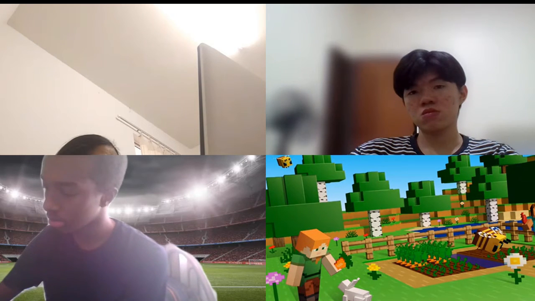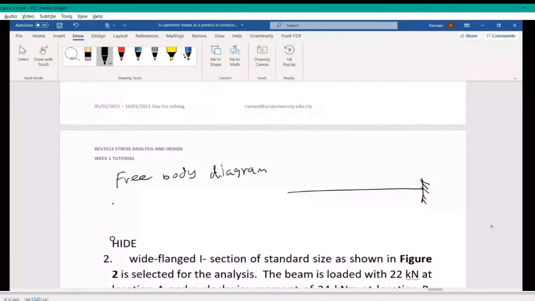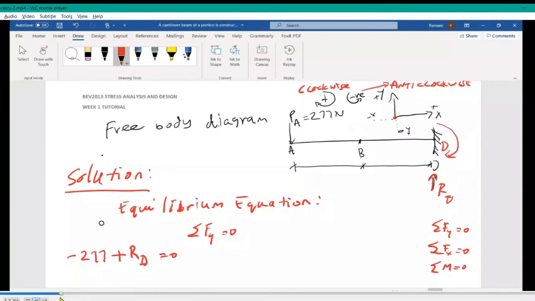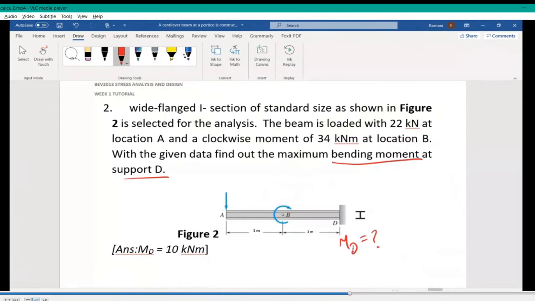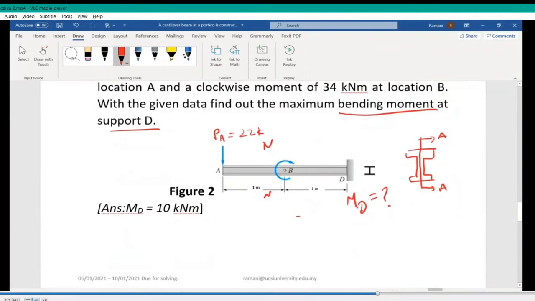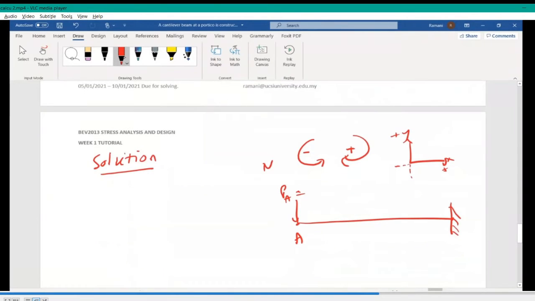Okay, now the second question solution. Condition and a load at this point A, PA, and I take x equal to 0. Kilonewton. Now the value is very high. You must be able to imagine how much is 22.